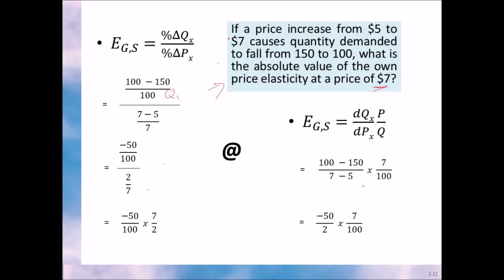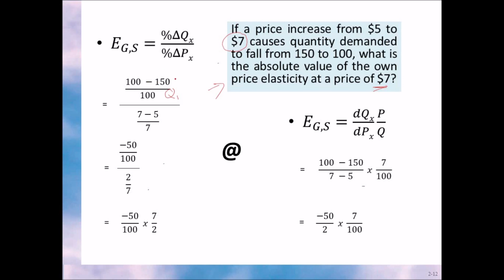The price of 7 is actually the new price. So we substitute the values. This is the change in Q: the new one is 100, the old one is 150, so that is the difference.